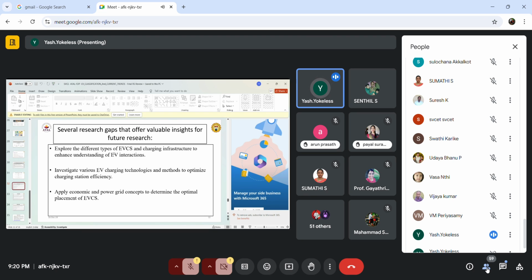You can also select based on charging infrastructures: how to improve the infrastructures, how to reduce the charging times. Those areas you can also research, along with various EV charging technologies and methods to optimize EV charging and reduce the timings.